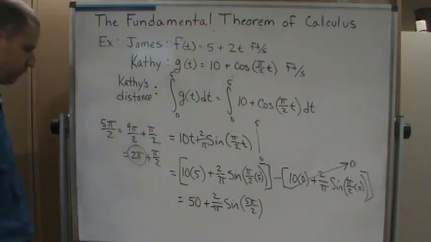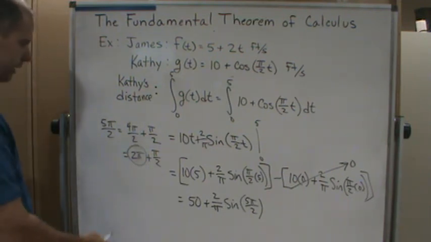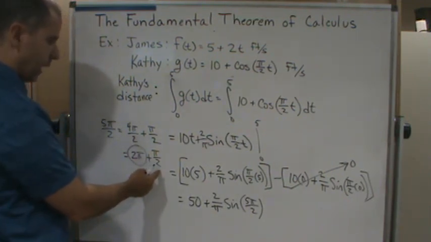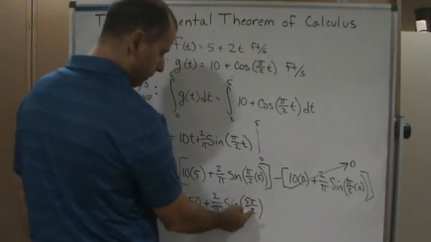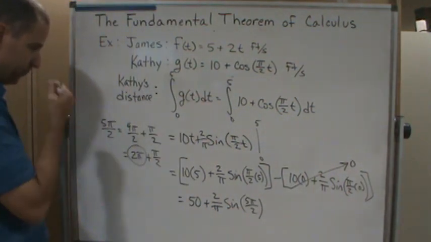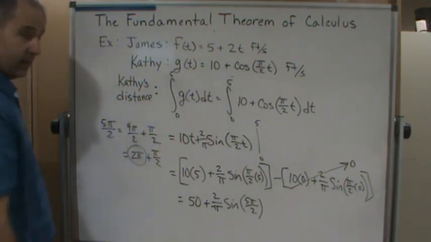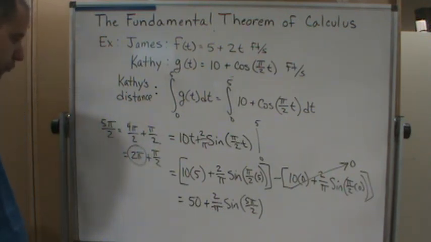Well, this is one revolution, so we can write this as just the same as pi over 2. So the sine of 5 pi over 2 is the same as the sine of pi over 2, which is 90 degrees, so the sine of 90 degrees is 1.